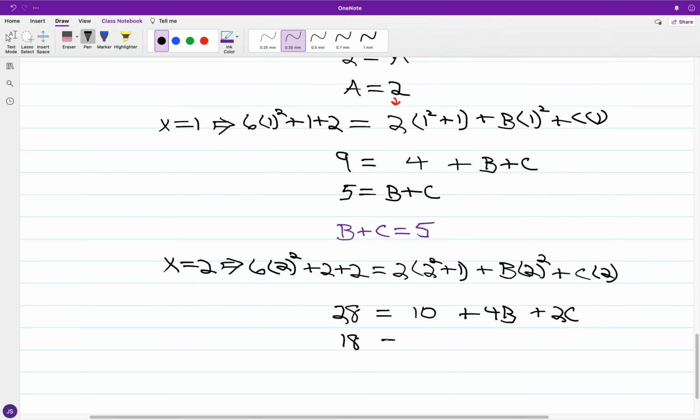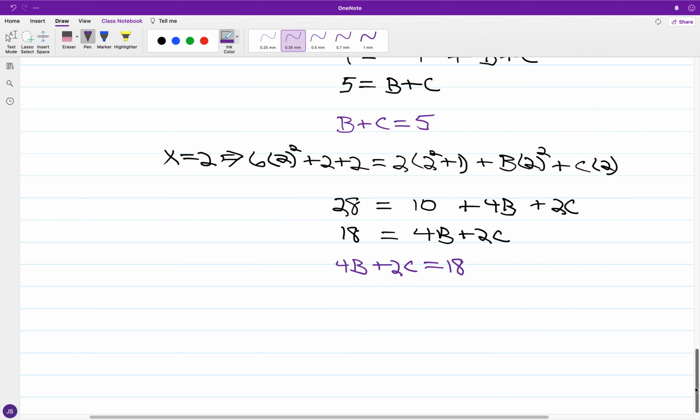So I now have that 18 is equal to 4b plus 2c. So we have an equation here: 4b plus 2c is equal to 18.